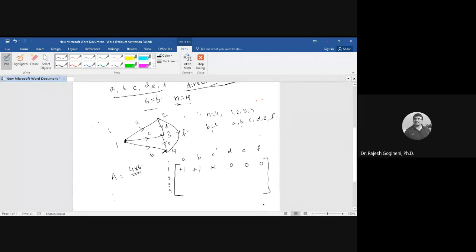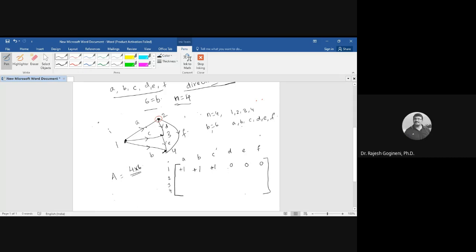What about the second one, node 2? How many branches are incident on node 2? Again 3. What are those 3?